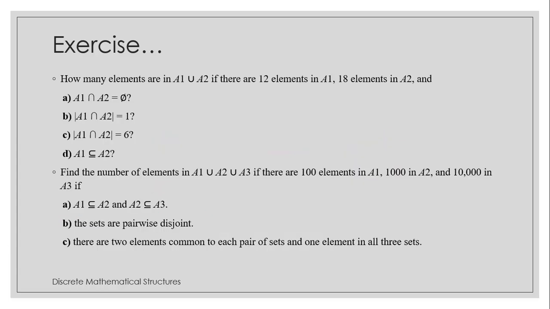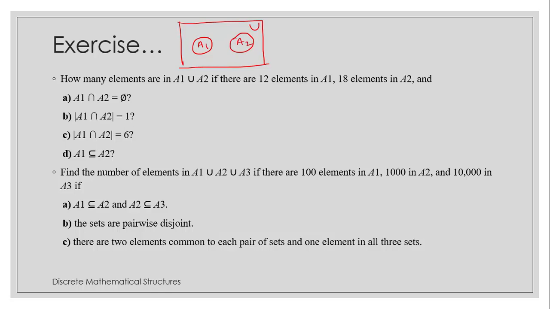How many elements are in A1 union A2, if there are 12 elements in A1, 18 elements in A2, and A1 intersection A2 is equal to 0? That means A1 and A2 are disjoint sets. So when we draw the Venn diagram for this, this is the universal set, this is set A1 and this is set A2.